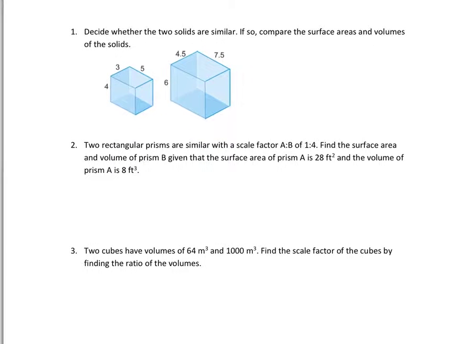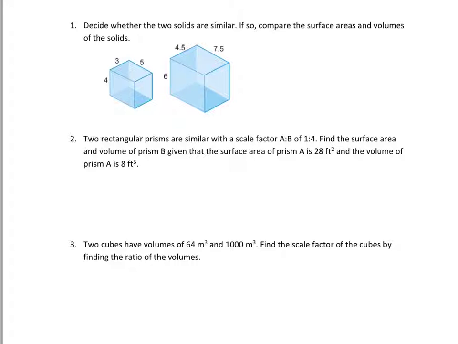First thing we're going to do is try to figure out, are these similar? Well, how are you going to figure that out? You got to make sure that they're all proportional. So the corresponding sides have to be not congruent, but they have to be proportional.